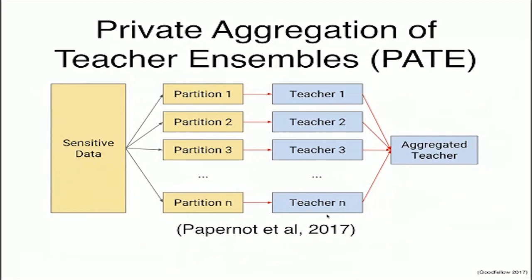Because if the teachers agree and no two teachers saw the same training example, they must have found some universal pattern that explains the reason for them to agree. So this gives us an intuitive way of seeing that we actually have an algorithm that gives differential privacy guarantees.